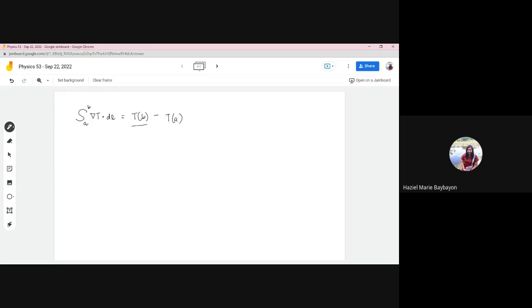So we have here an example. For example, you have a scalar function T, which is equal to xy squared. So let T be equal to xy squared. And we have to take point A to be the origin.